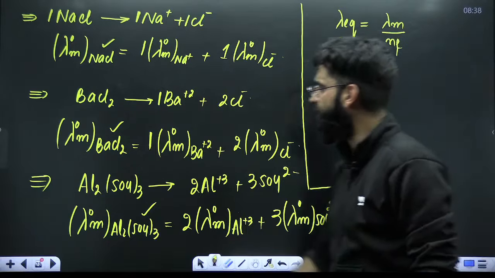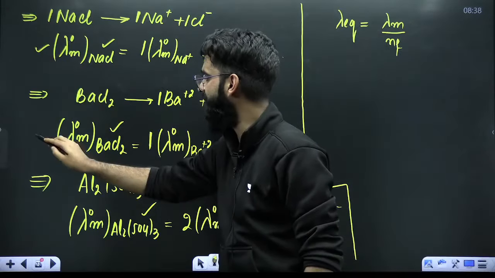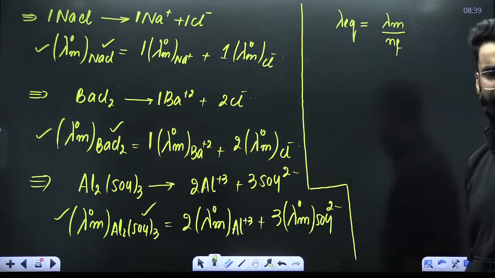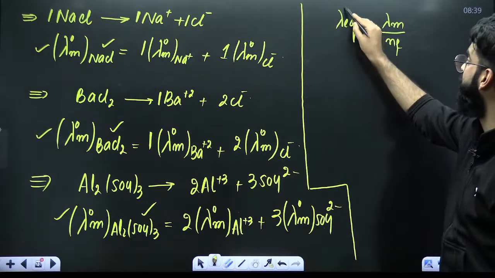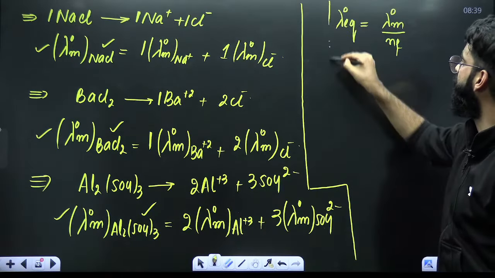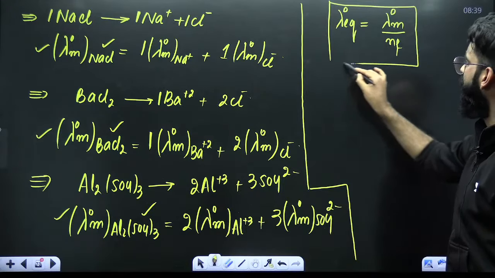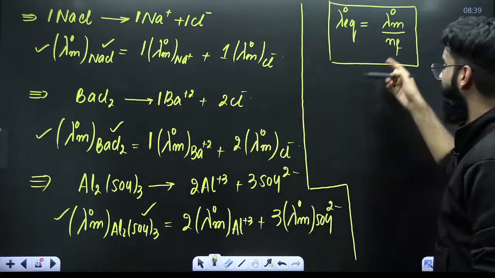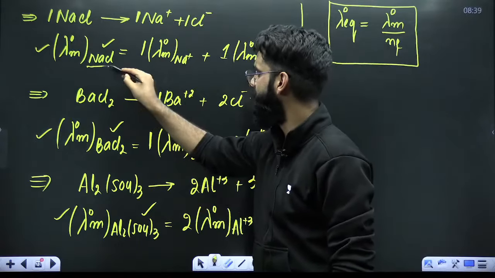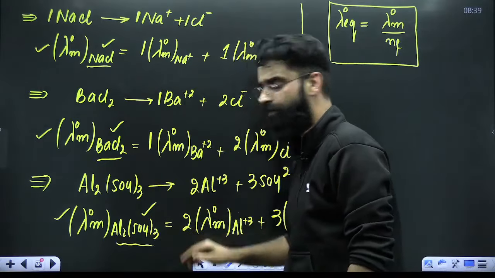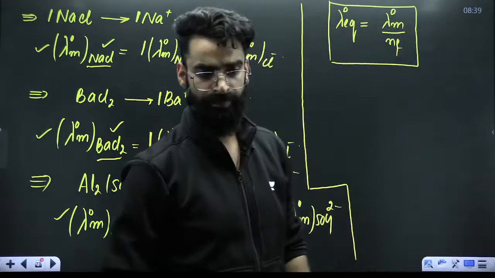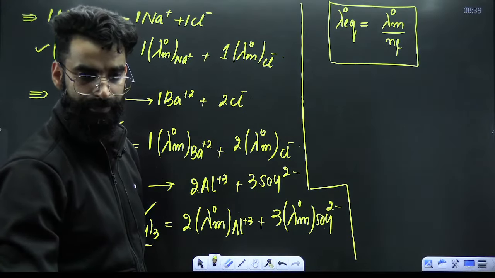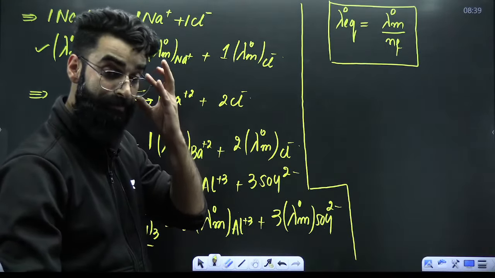So once you get the molar conductivities at infinite dilution, you can easily calculate their equivalent conductivities at infinite dilution. So, equivalent conductivity at infinite dilution will be equal to molar conductivity of the electrolyte at infinite dilution divided by the n factor of this particular electrolyte. I hope this is clear.